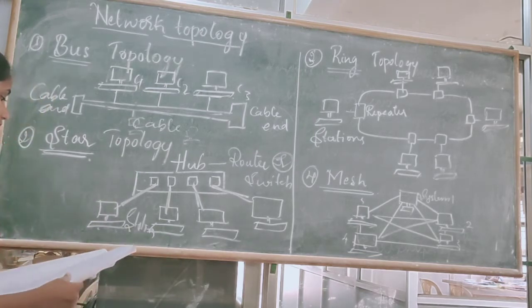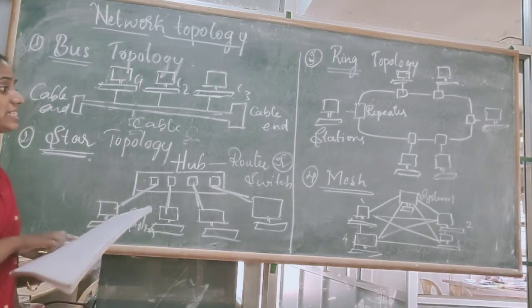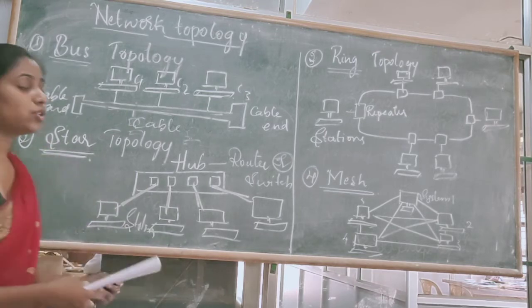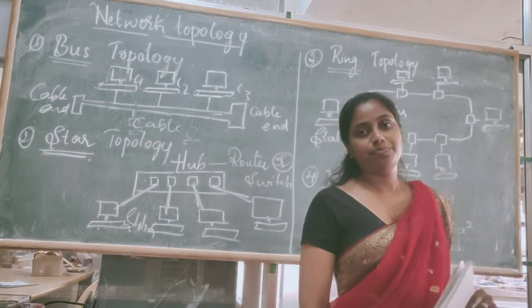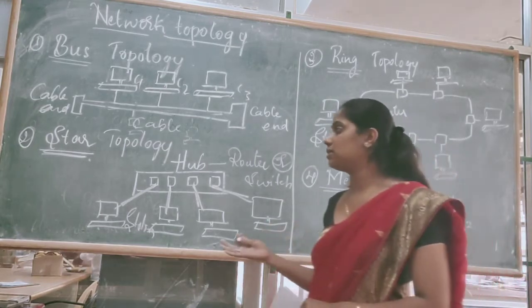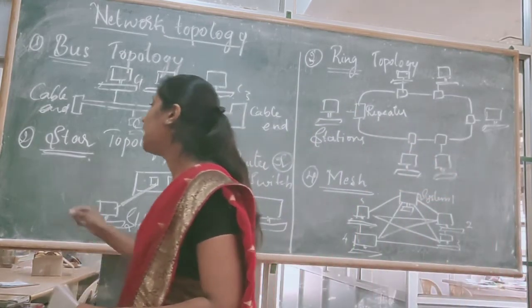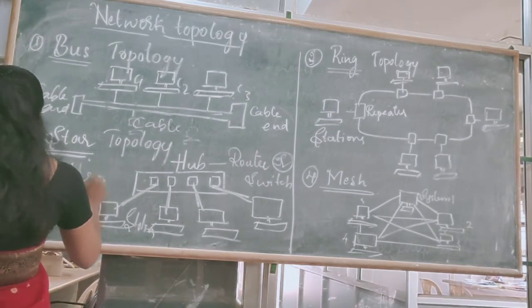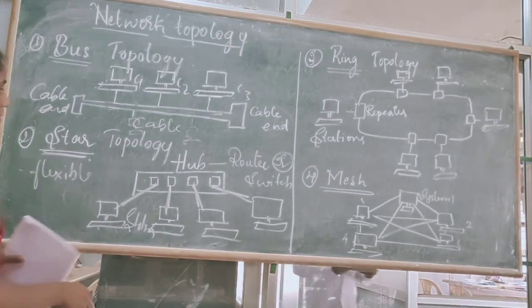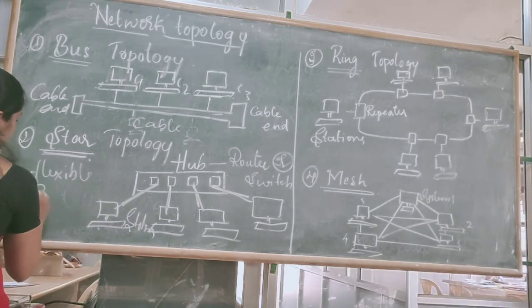So what are the characteristics of star topology? The characteristics are, it is flexible. Okay, in terms of performance it is very flexible. Next, it is reliable, we can rely on this.